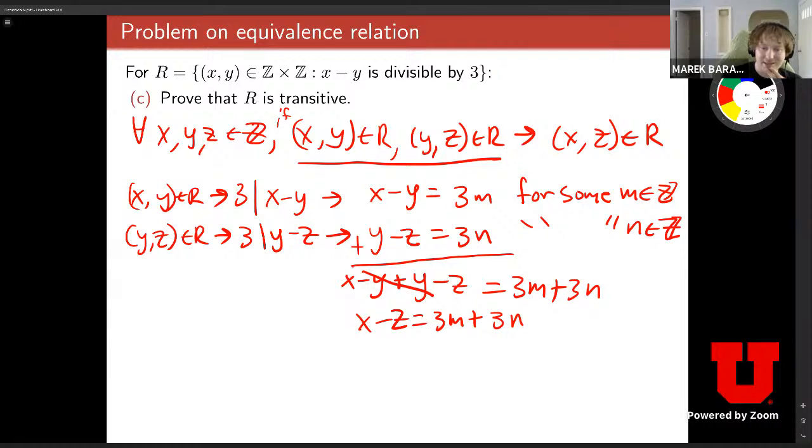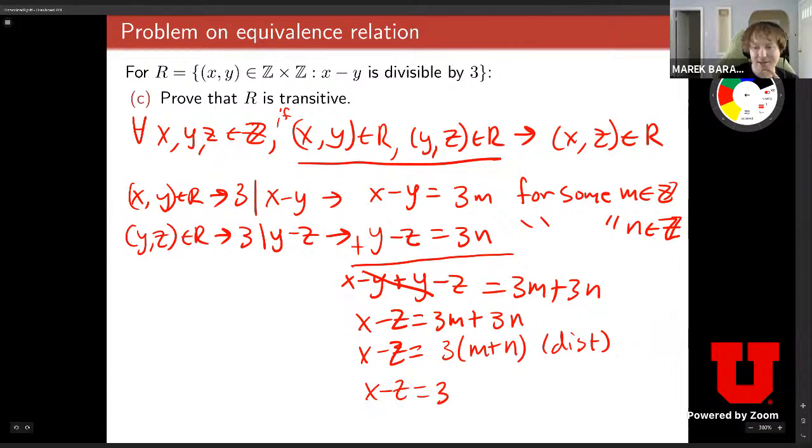And then we can do x minus z equals 3 times m plus n, by the distributive property. And then we can say x minus z equals 3l, where l is an integer by closure of plus, and l equals m plus n.